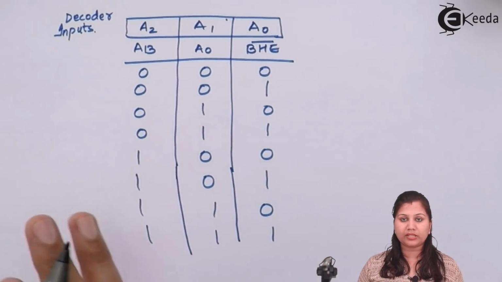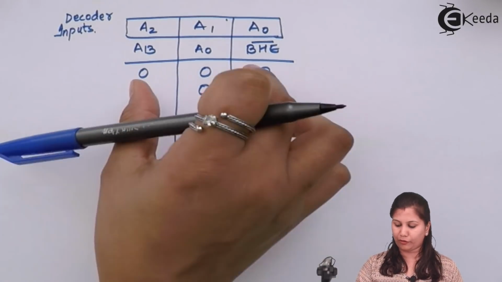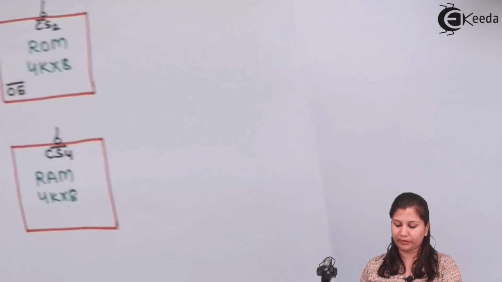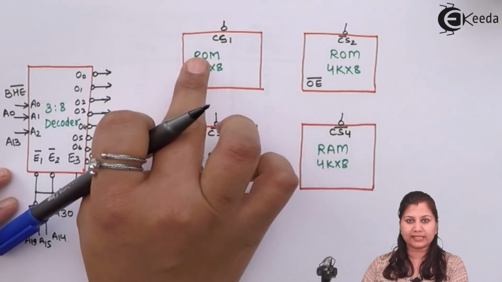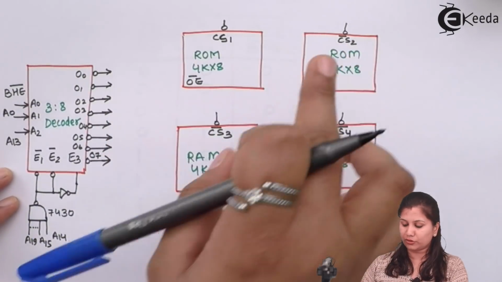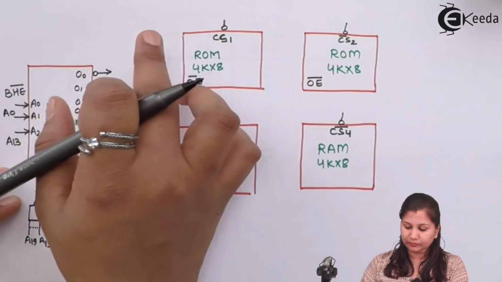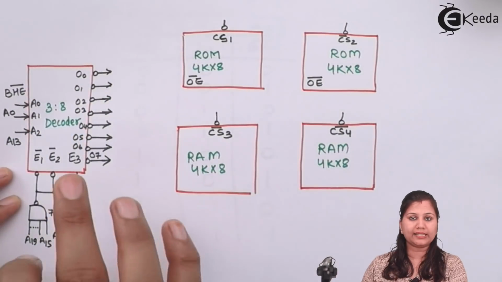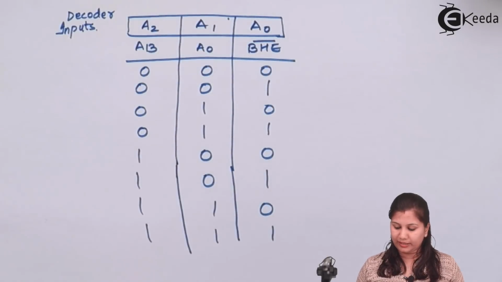So 3 inputs can have 8 combinations. We will require only 6 of these 8 combinations, because 2 will be used for each chip select signal: 2 for this, 2 for this and 2 for this. We will use only 6 combinations, and the remaining 2 combinations we can leave.